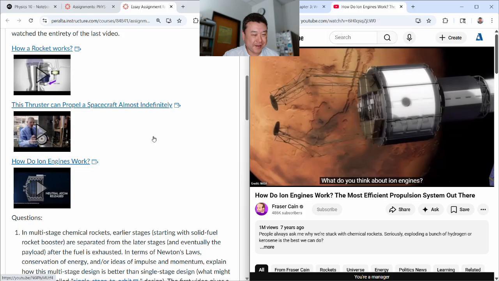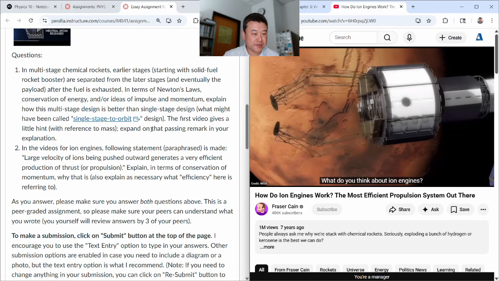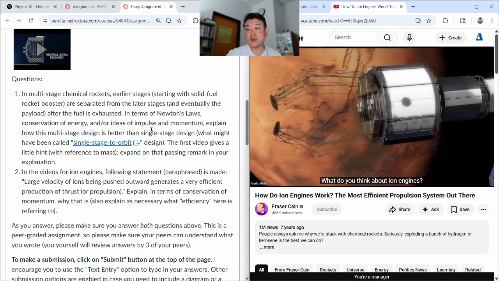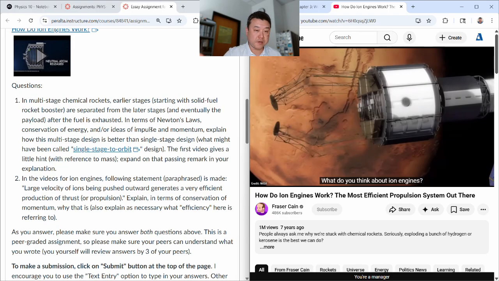So let's look at the questions. There are 2 questions here. Let me just read the first question, and then I will read my model answer in the peer grading assignment. In multi-stage chemical rockets, earlier stages, starting with a solid fuel rocket booster, are separated from the later stages and eventually the payload after the fuel is exhausted.